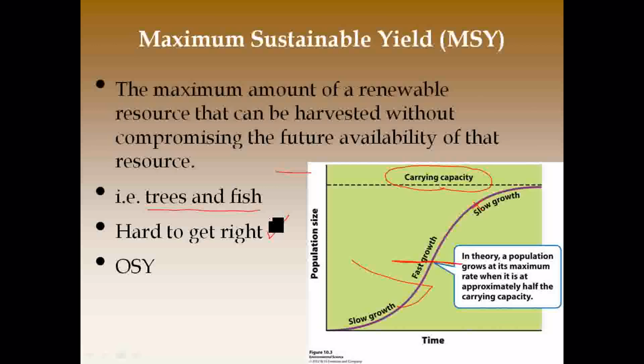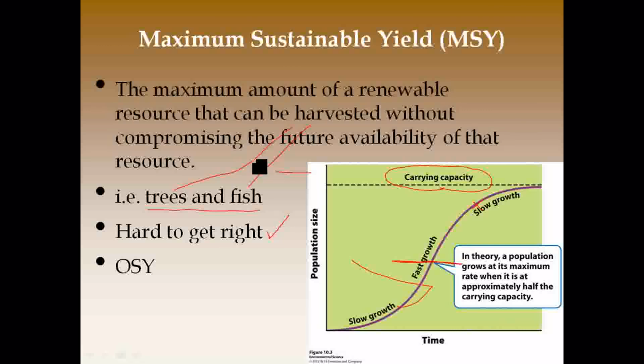That's a problem. And if they're erring on the side of making the MSY too high, then there'll be a real problem the next year when it comes to a harvest. When we talk about harvest, like I said, we can be talking about trees, we can be talking about fish. The point here is, if that harvesting goes too far, then we run the risk of not having the organisms available next year or the year after.